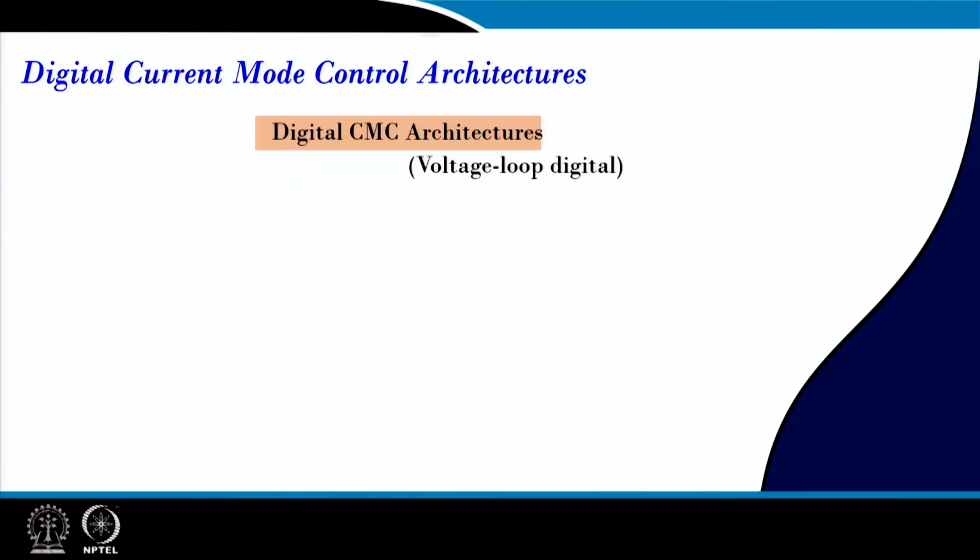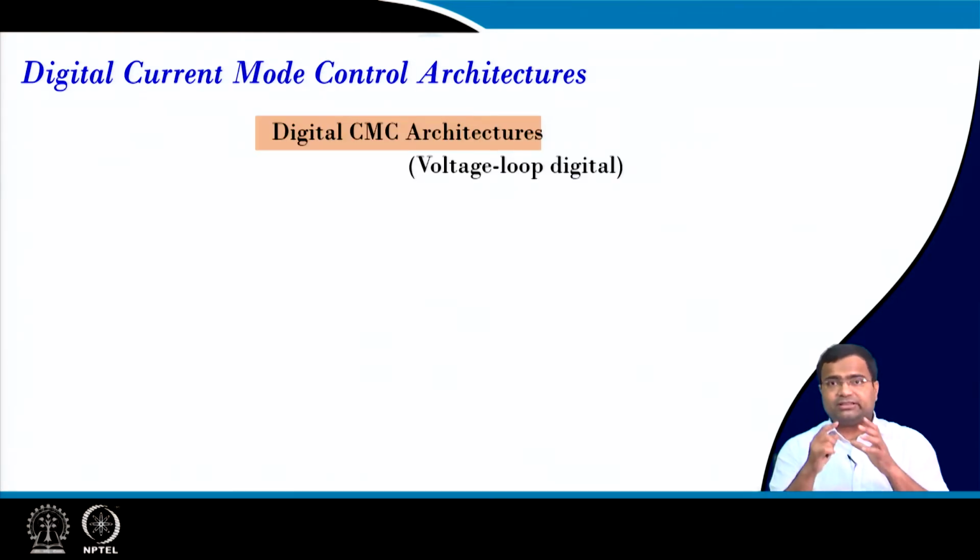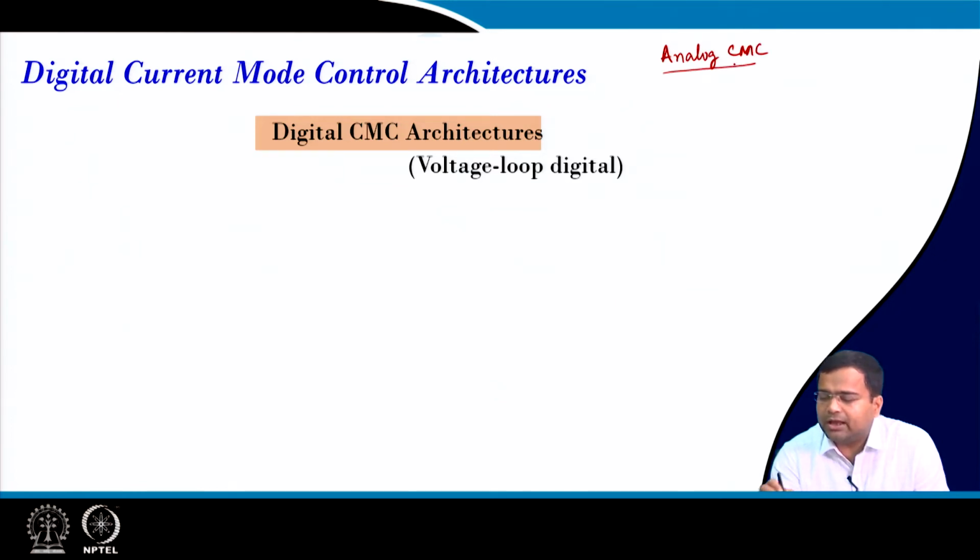If we go for digital current mode control, because it is a 2 loop control, let me take analog current mode control, where we have this Vref, then there will be V0, there will be a controller, and then the controller will go to a comparator, and this is my inductor current.